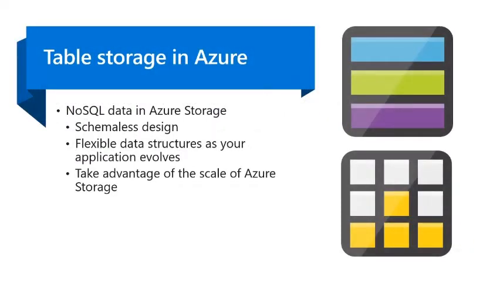Azure Table Storage is a service that stores structured NoSQL data in the cloud, providing a key attribute store with a schemaless design. Because table storage is schemaless, it's easy to adapt your data as the needs of your application evolve.